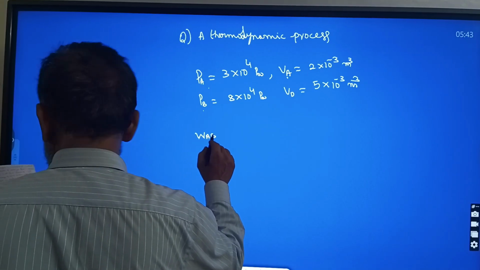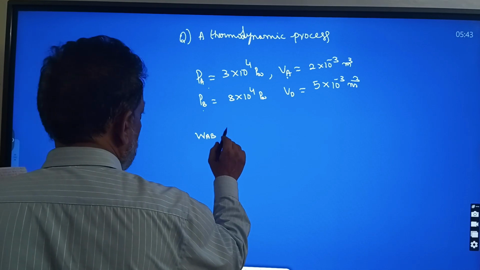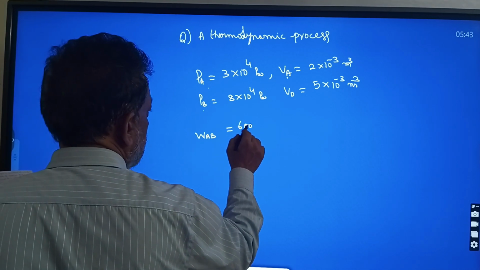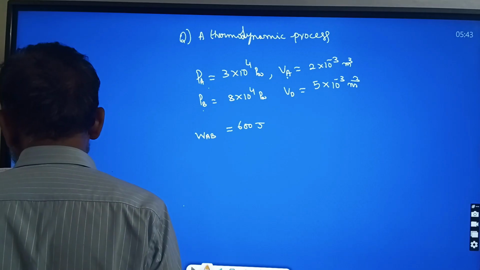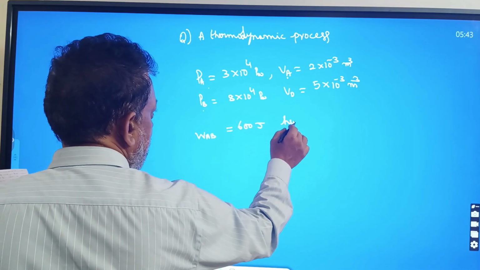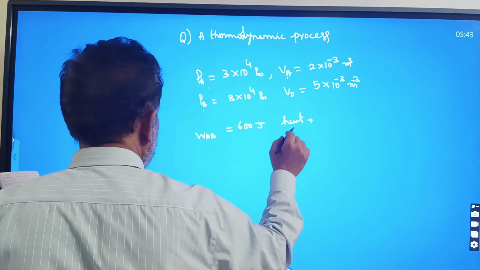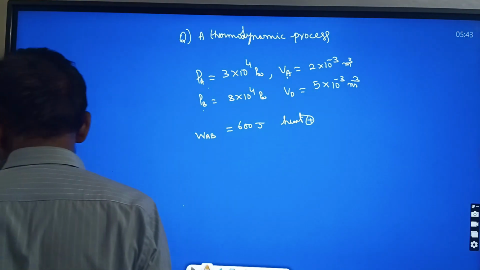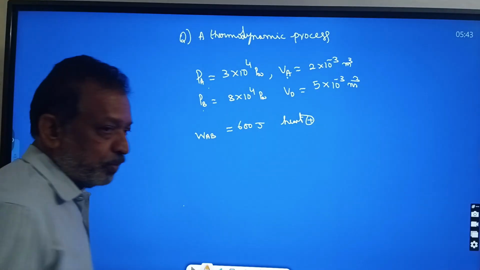In process AB, 600 joule of heat is added to the system.